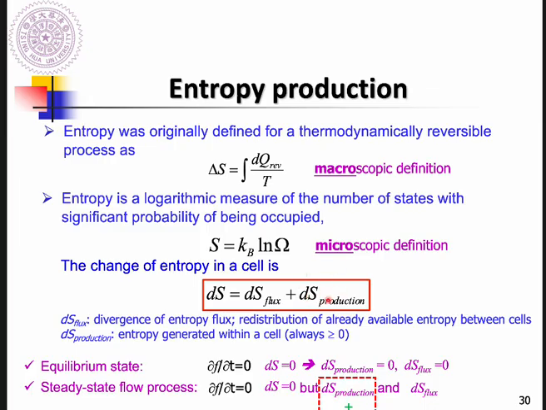This is positive, but the total is 0, which means that the entropy flux is negative. This box does produce entropy, but this entropy also flows outside the box. So the total entropy change rate still equals 0.